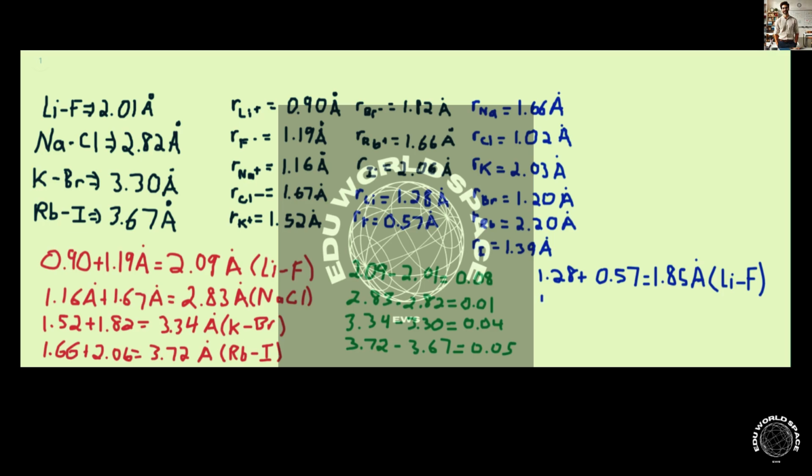Now for 1.66 plus 1.02, that's going to be 2.68 angstroms for NaCl.